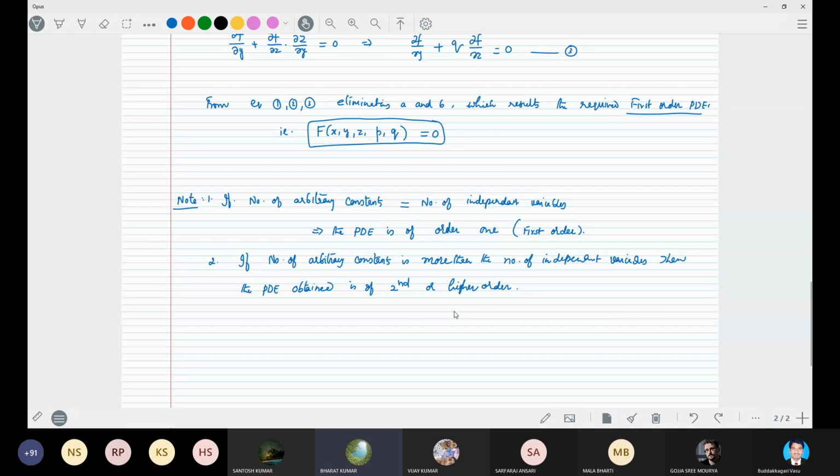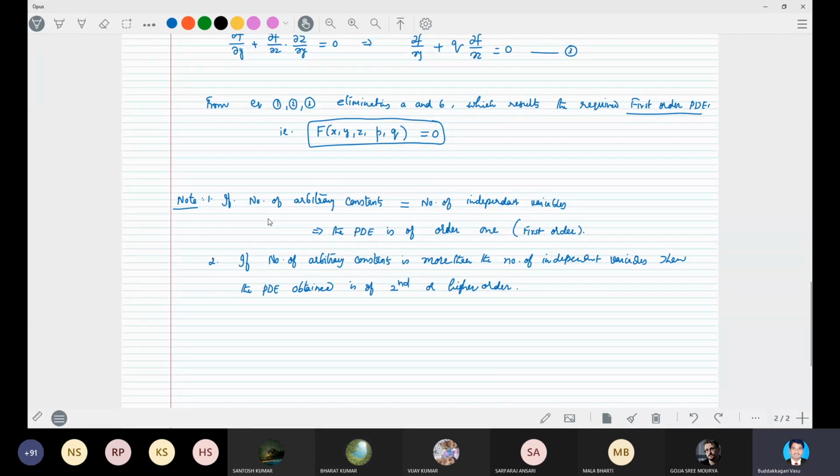Sir, can we guess what the order will be by the number of variables? I mean, sir, in ordinary differential equations, we could guess the order by the number of arbitrary constants. So in PDE, can we guess that? These two points, I think, will be helpful to you.